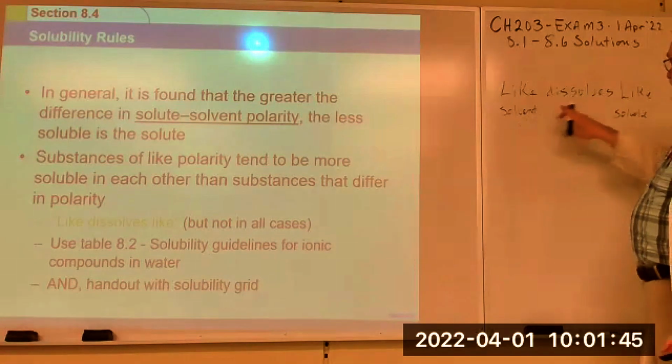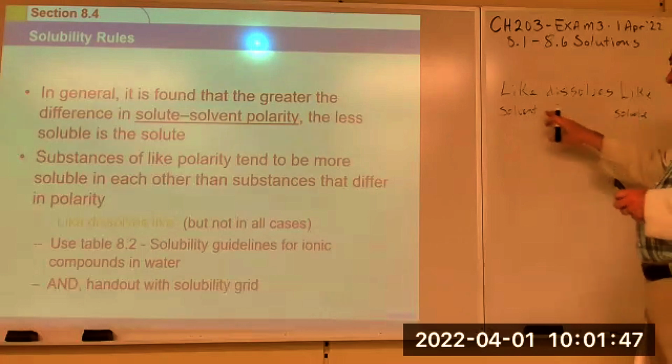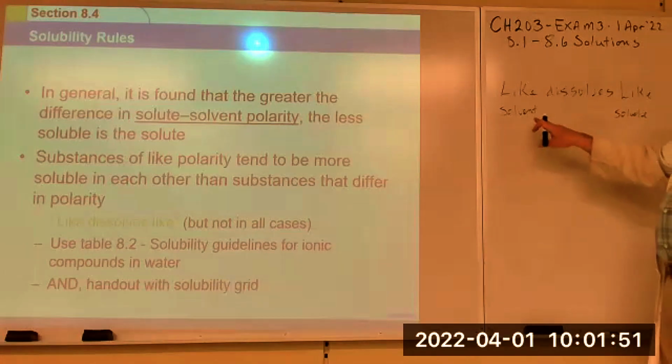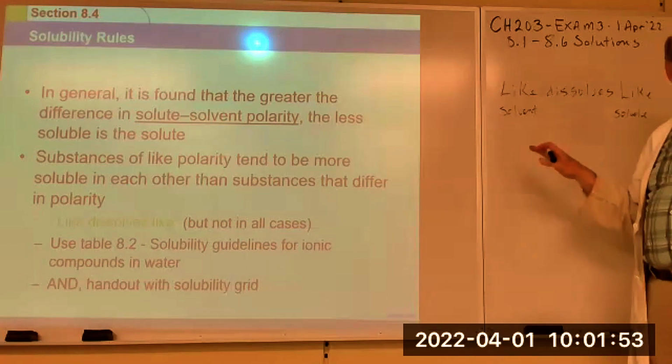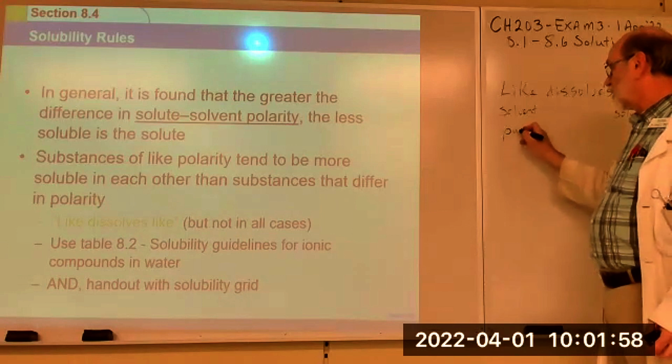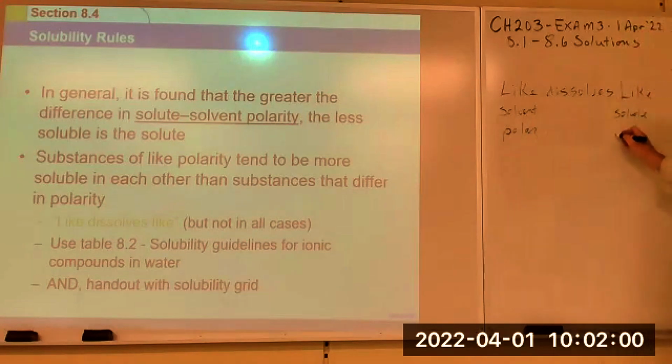So if the solvent dissolves the solute and they're the same polarity, then the solvent and the solute are more likely to form a solution. So if this one is polar solvent and this is a polar or ionic solute, more likely to form a solution.